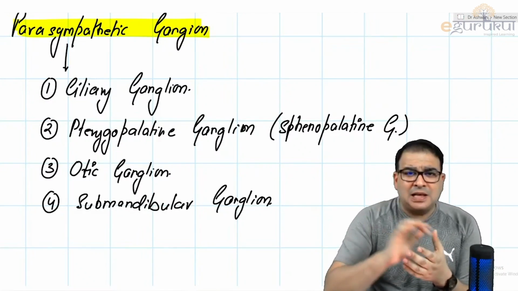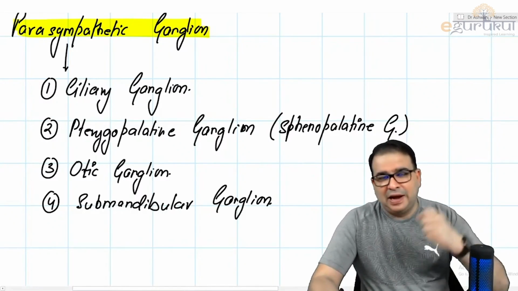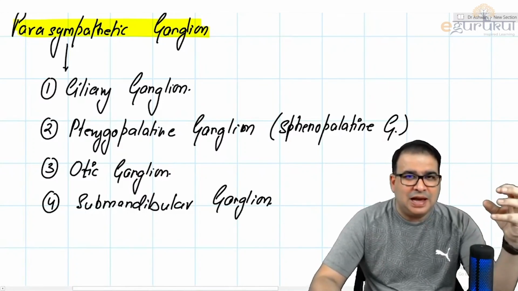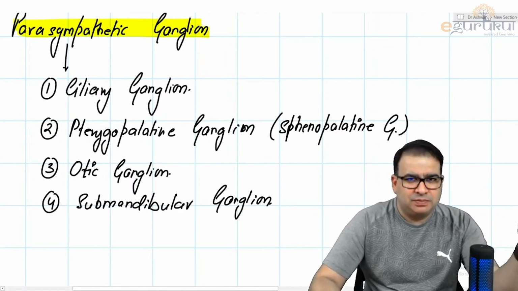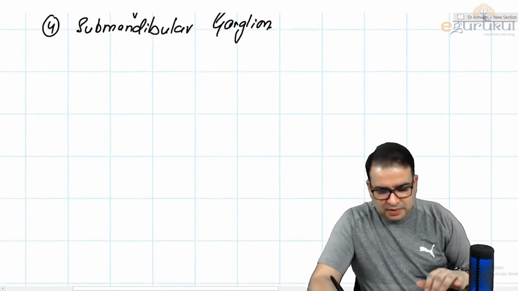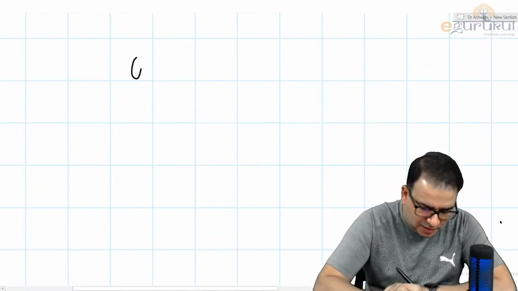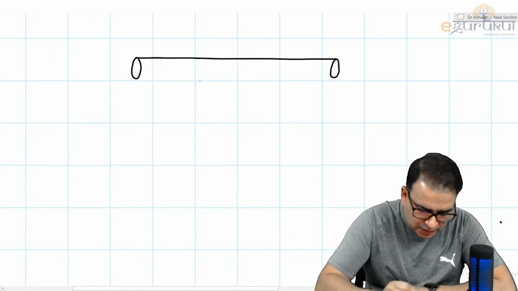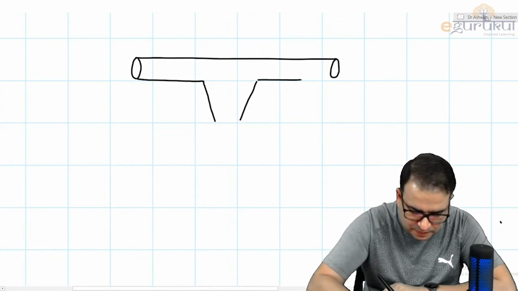Parasympathetic ganglion, see, I've written the spelling wrong. There are 4 of them, and they have something in common to understand. Every ganglion, or most of them if not every, has a topographic nerve and a functional nerve. Let's say this is a nerve here, and this is a ganglion which is hanging to it.